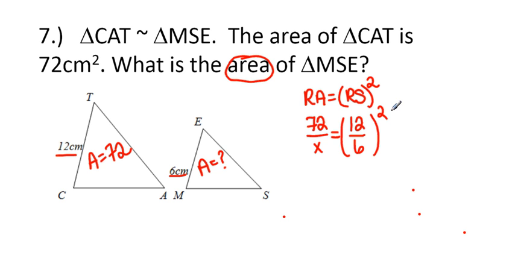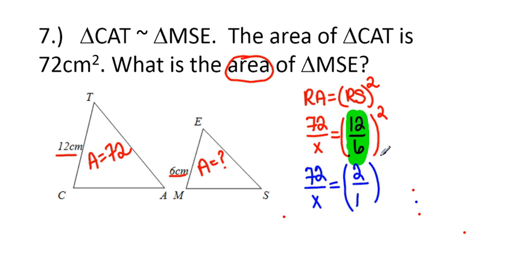And again, to keep the math simple, I'm going to simplify this ratio before I square those, but it's not necessary. You could square them, you'd just be working with bigger numbers. So 72 is to x, is 2 is to 1, and I need to square that.